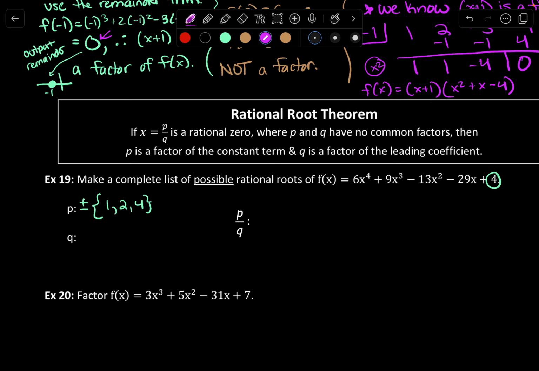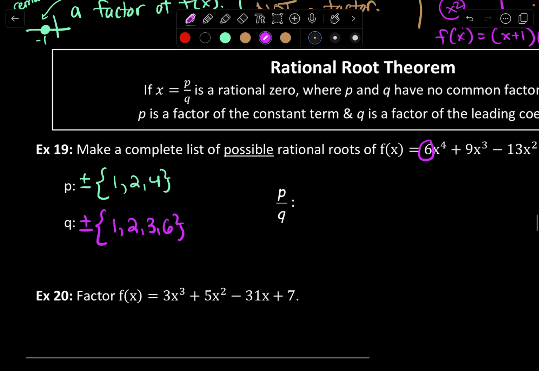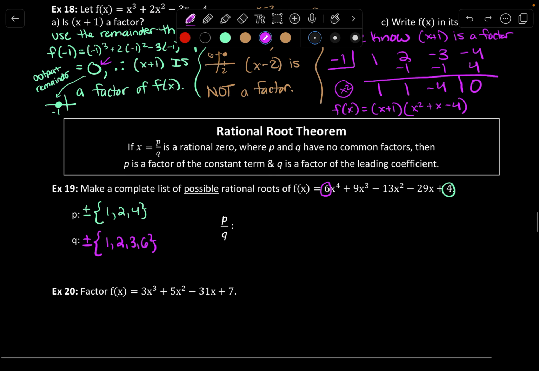And we take the factors of the leading coefficient, which in this case is 6. So the factors for that are 1, 2, 3, and 6. Those can also be positive or negative. If we take the ratio of these two, we will find a list of possible rational roots for the polynomial, okay? So you're not just guessing random numbers.